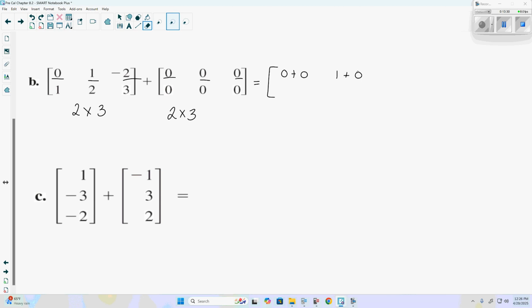First row, second column would be 1 plus 0. First row, third column would be -2 plus 0. Second row, first column would be 1 plus 0. And then we'd have 2 plus 0, and lastly, 3 plus 0.